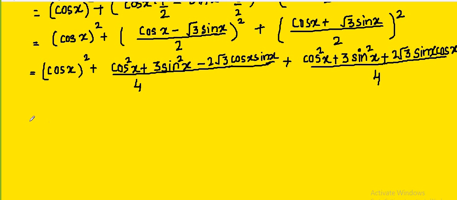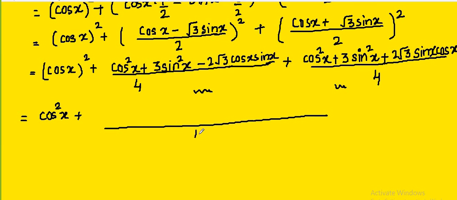In the next step we can write this cos x whole square as cos square x, and these two terms have same denominator 4. So LCM is 4. Again we will combine these terms together.